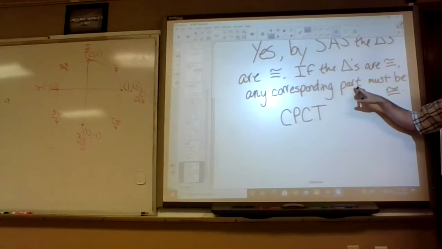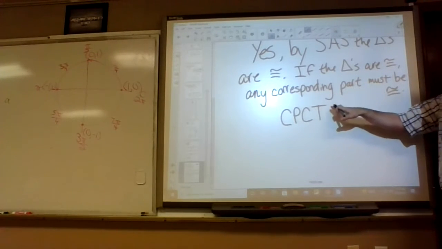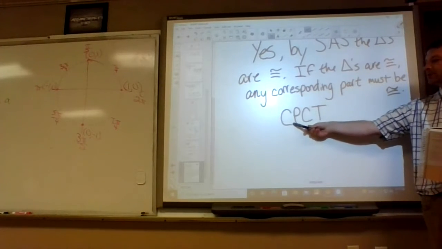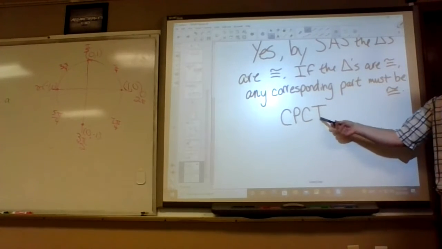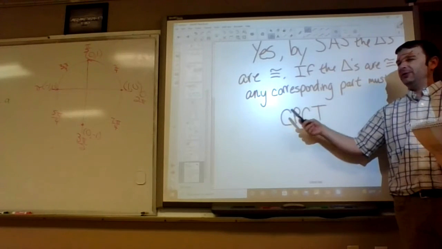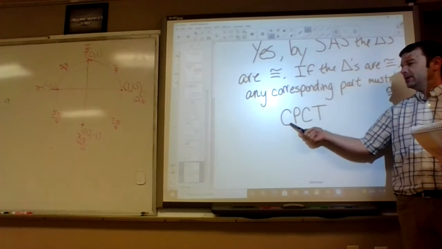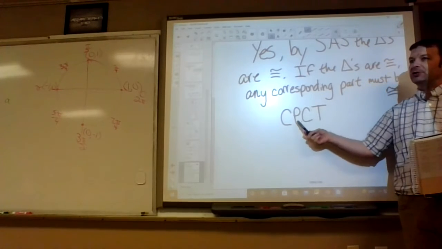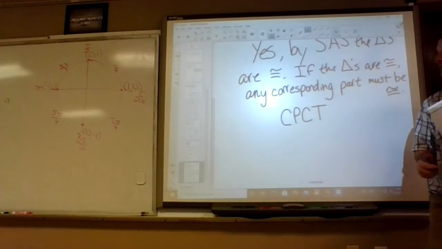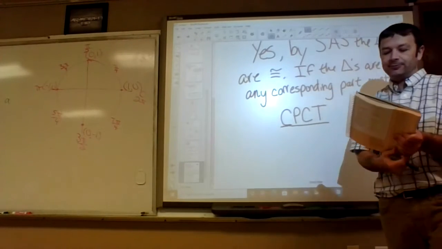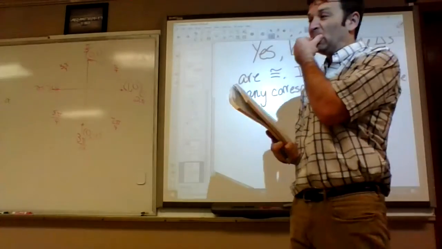The first time I wanted you to write it out, but in the future we're going to start using this. So if they ever ask us, how do we know that side is the same? If we already said the triangles are congruent, we can say CPCTC, corresponding parts of congruent triangles are congruent. But for this one, I just wanted you to write it out.